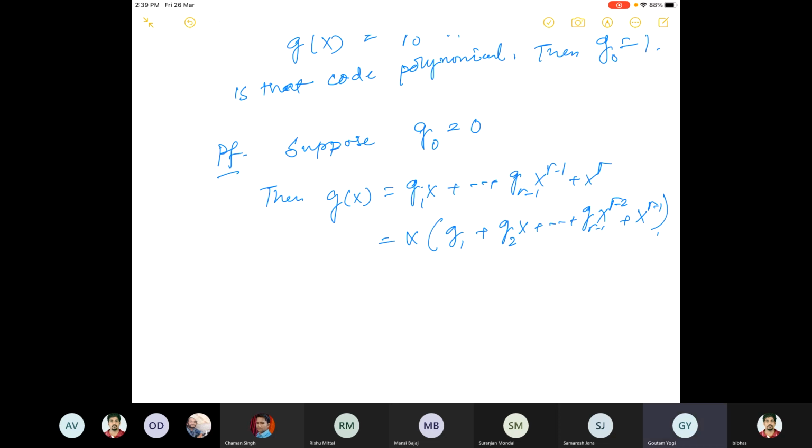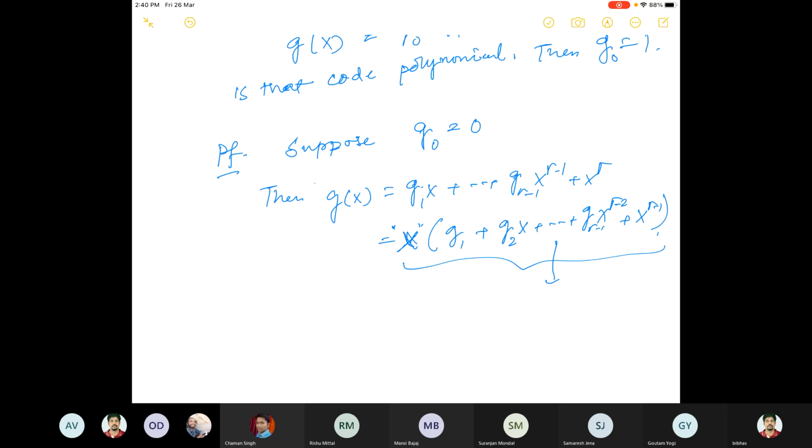So we are getting degree 1 polynomial here, x. Yeah, but this need not be a code polynomial. That's fine. We did not say here it is a code polynomial. Product of this is a code polynomial. But then what? Sir, we're getting a degree less than r here. Yeah, so. But is that a code polynomial?